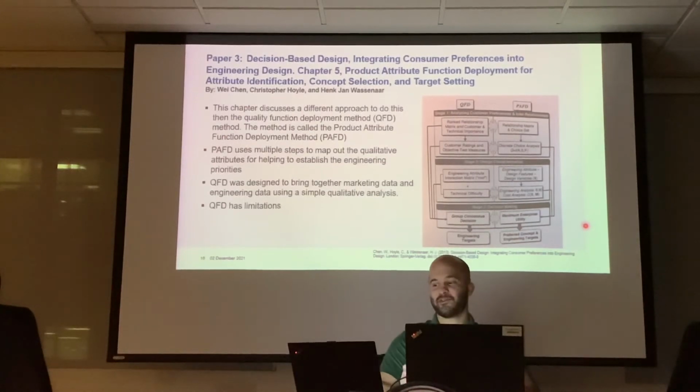This isn't really the case in real life. Individual customers have individual, unique preferences that should be modeled as such. And finally, QFD is biased in its results to meeting any customer requirements. So, to help overcome these limitations, the authors present the PAFD method.